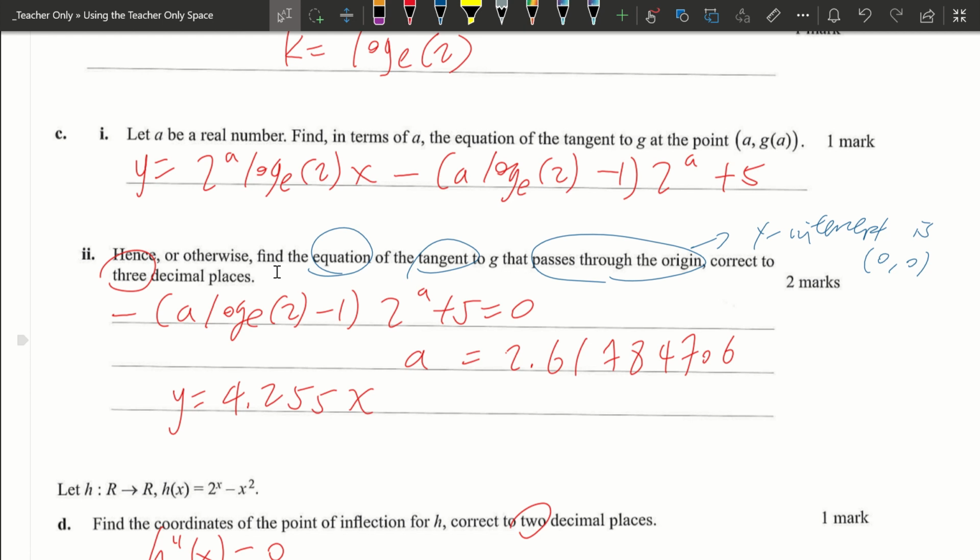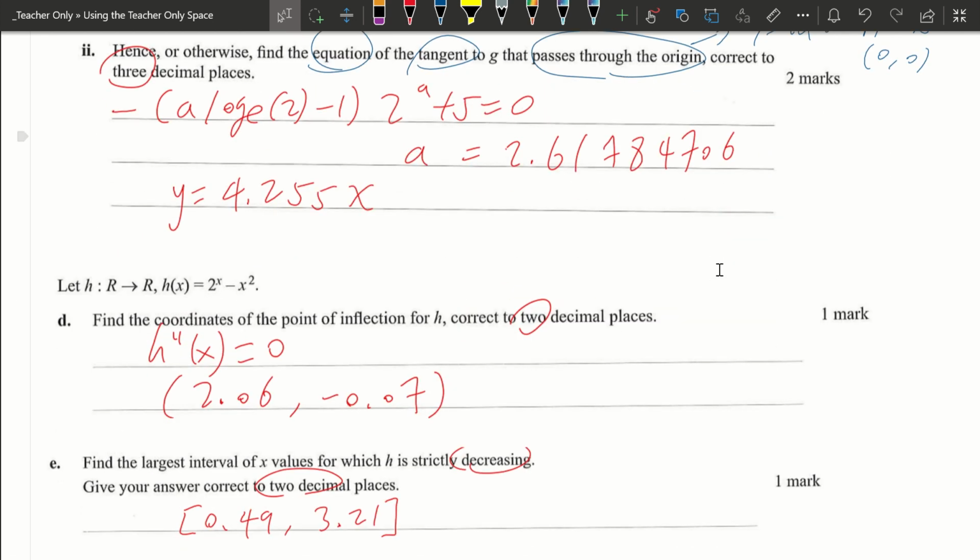So the question should have been worded something like, find the equation and express all constants correct to 3 decimal places, not the equation itself.